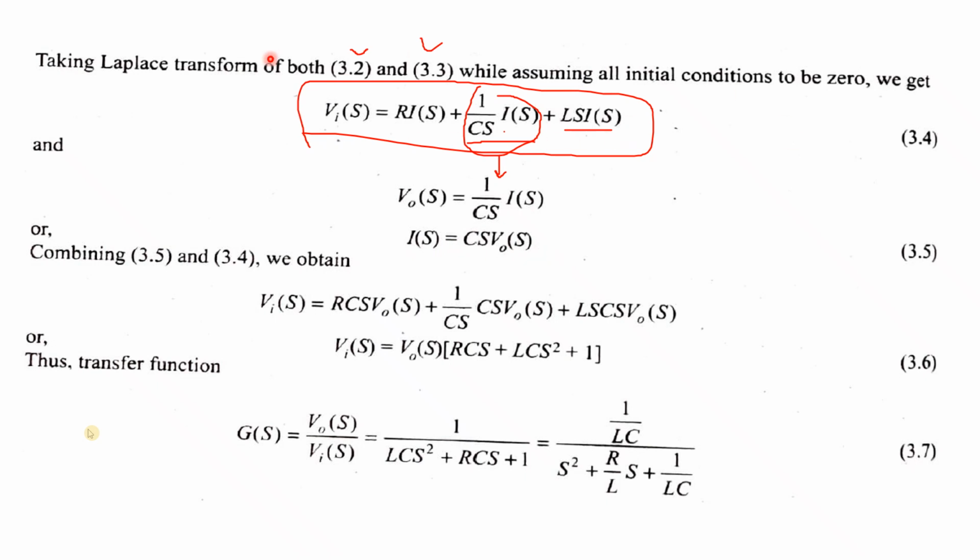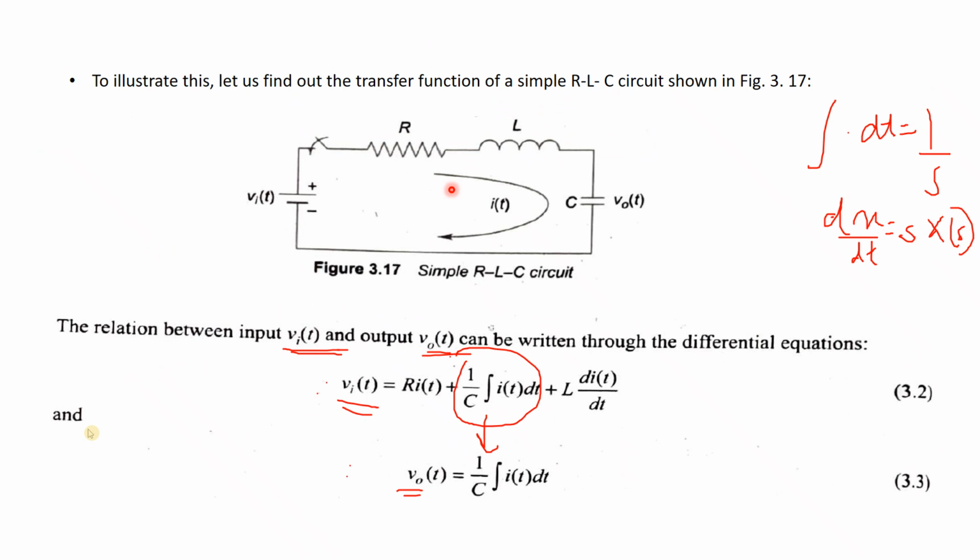Why? Because we will only take the first equation. Listen carefully, in our calculation, finding the transfer function is always the Laplace transform of output by the Laplace transform of input. So V0(S) and Vi(S). So we will only form an equation where there are V0(S) and Vi(S).